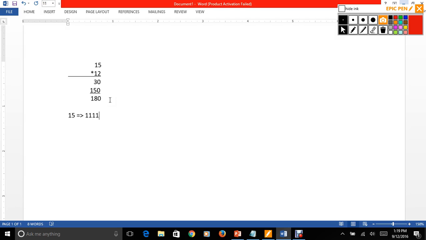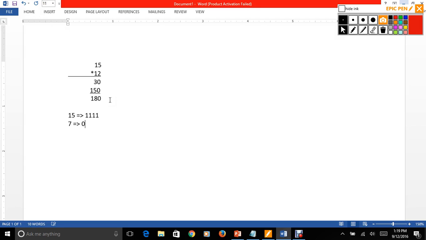So when you see 15 on an exam, remember 16 is 2 to the 4, and we start with 2 to the 0. So if you get any number that's 1 less, then you just remember it's all 1s before that. That's a good hack there. So if it's 15, it's 1, 1, 1, 1. If it's 7, 7 is 8 minus 1, right?